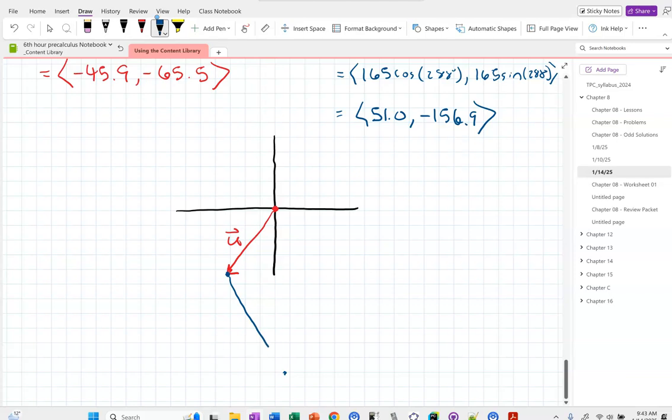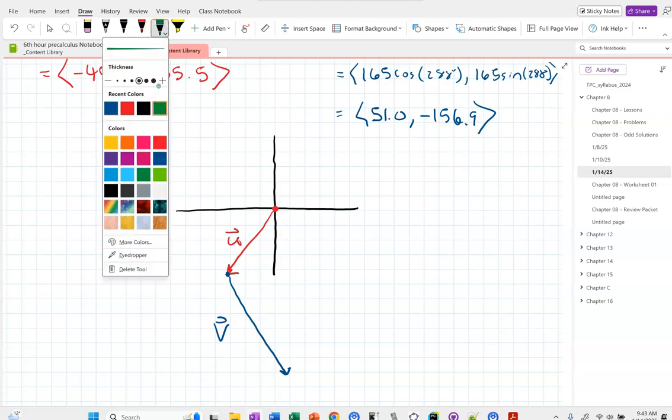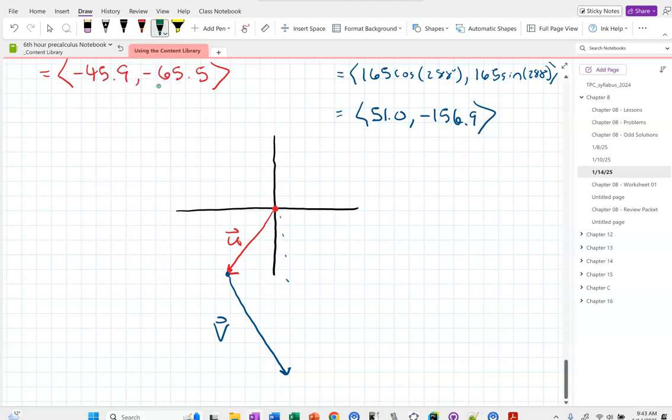So maybe down there. That's my v. And we're interested then in this vector, which I'll call R.